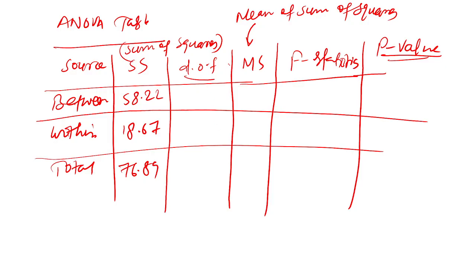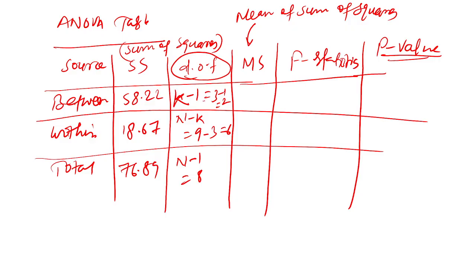Then the degree of freedom between the groups, we have 3 groups, so it will become k minus 1, 3 minus 1, it will become 2. Then we have the within. How many we have the total number? N minus k. No, it's k minus 1 for between. N minus k, how much total number we have? 9 minus 3 is equal to 6. Then n minus 1, it will become 8.